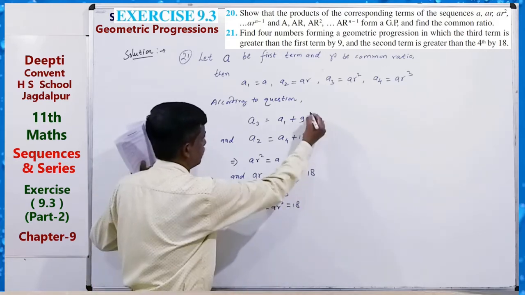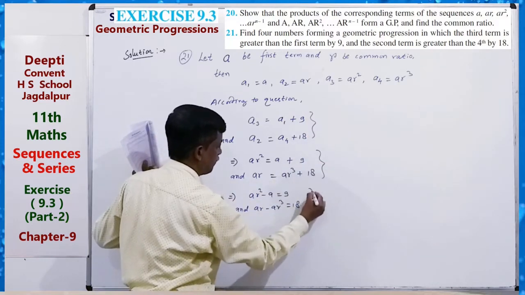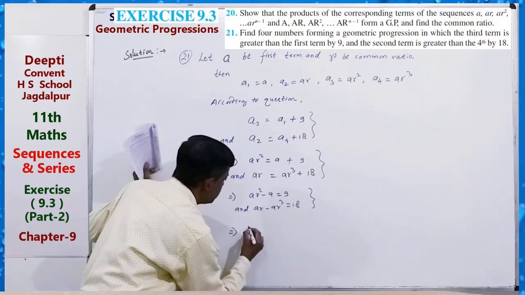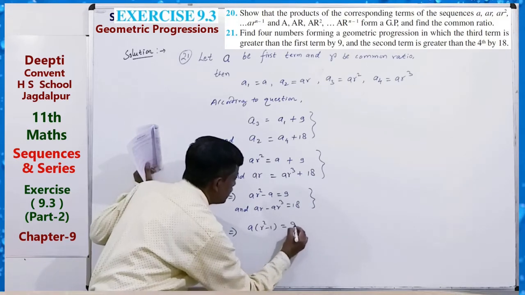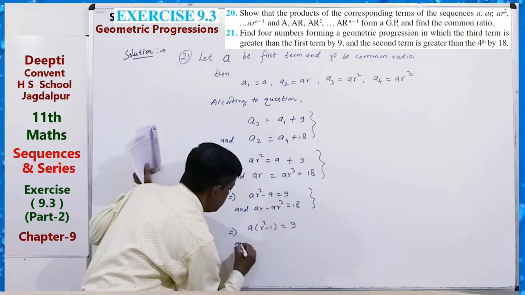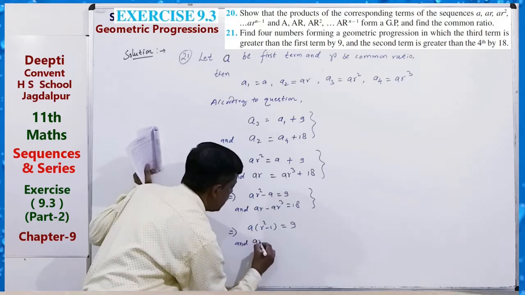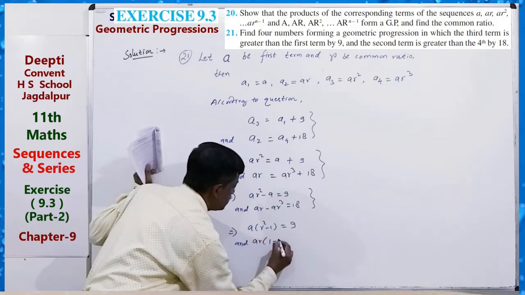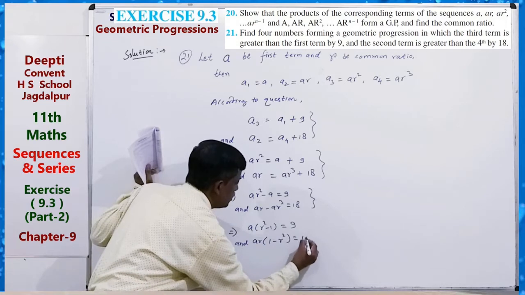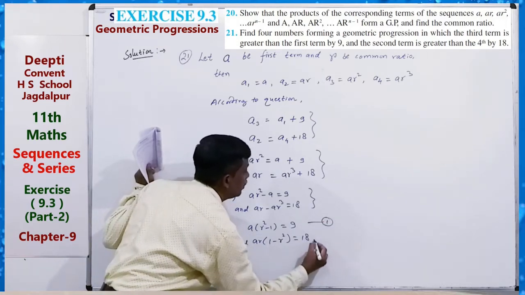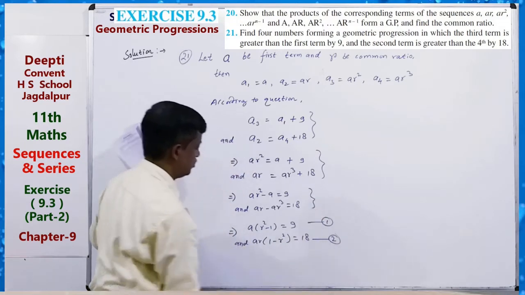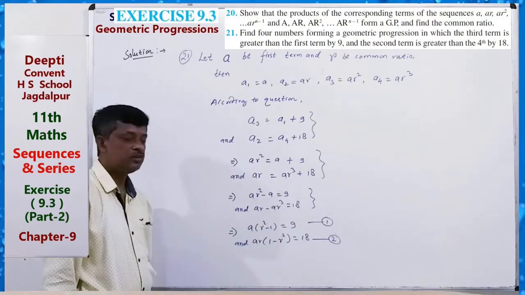Also, it can be written as A(R square minus 1) equals 9, and AR(1 minus R square) equals 18. Call these 1 and 2. Now divide 2 by 1.